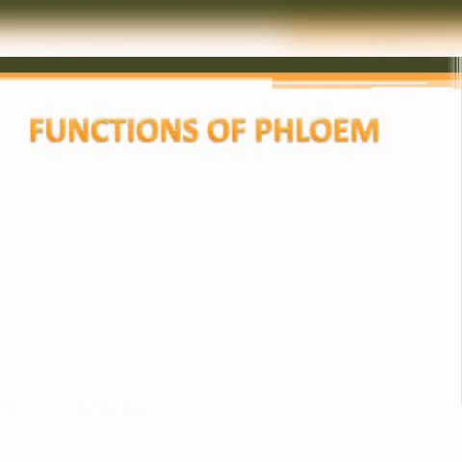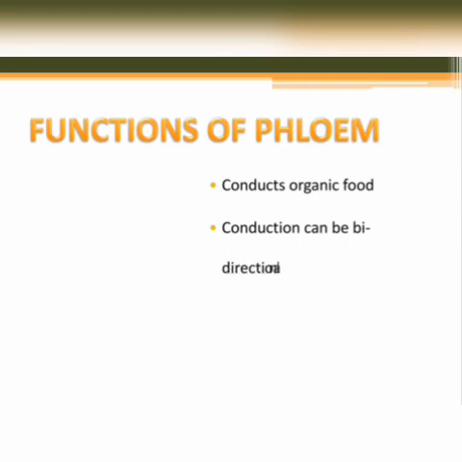So now we will discuss the functions of phloem. First, it helps in conducting organic foods, and the conduction can be bidirectional. It can move upward, it can move downward.